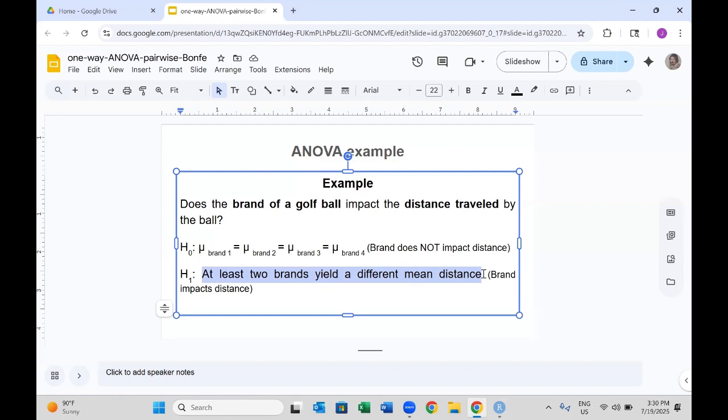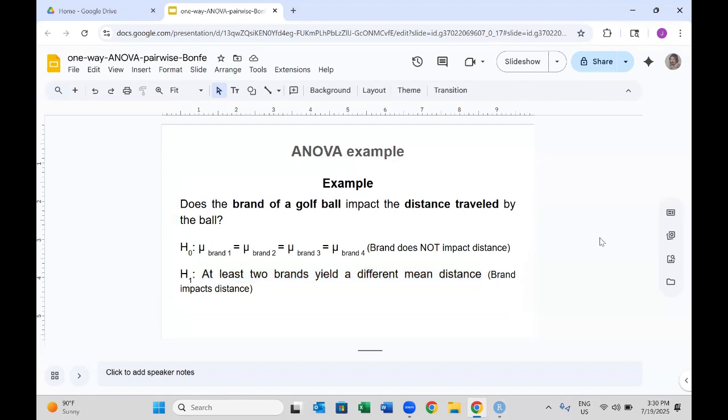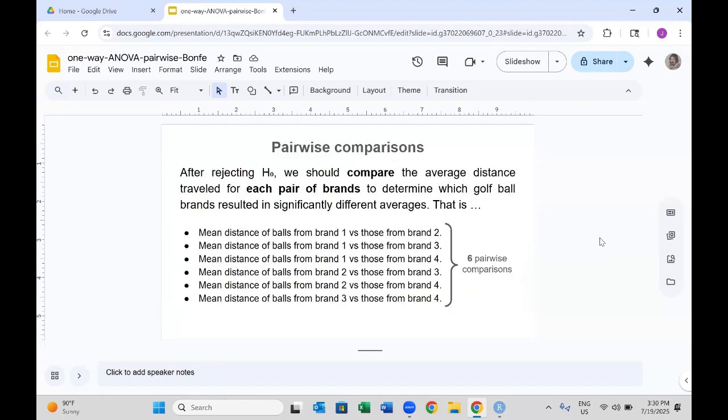So if you want to know a little bit more, you need to do what is called a post hoc test. And the way you do a post hoc test is by running pairwise comparisons. In this example that we're seeing, you will need to run these six pairwise comparisons that I'm listing here in this slide, okay? Now, how do you do these comparisons?